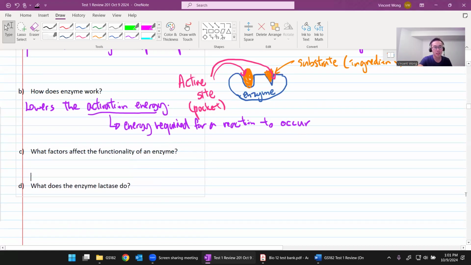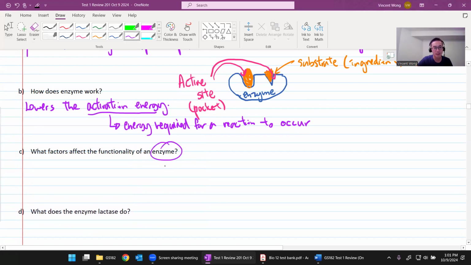What factors affect the functionality of an enzyme? Since enzymes are proteins, there are many things that could affect the function of a protein: temperature, pH, type of solution, salt concentration.